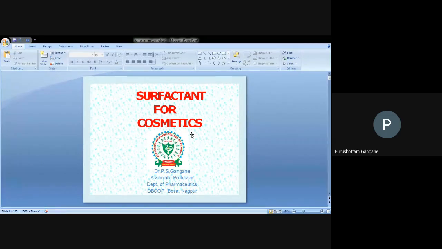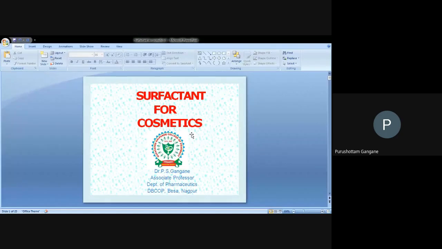Surface active agents have a variety of uses. They may act as emulsifying agents, foaming agents, anti-foaming agents, water in oil or oil in water emulsifying agents. Solubilizing agents are also surfactants.